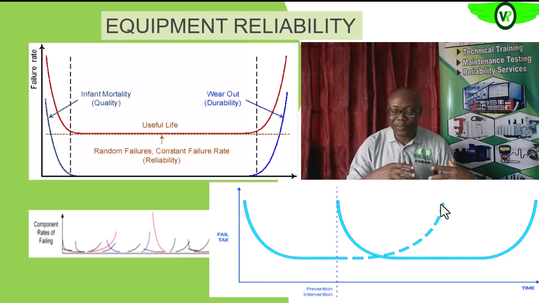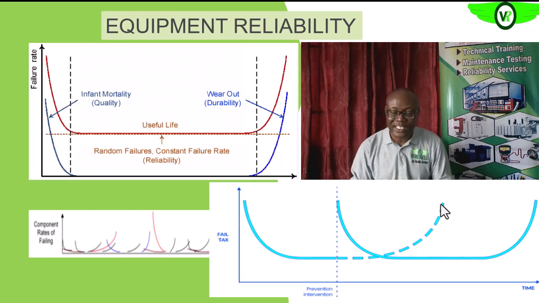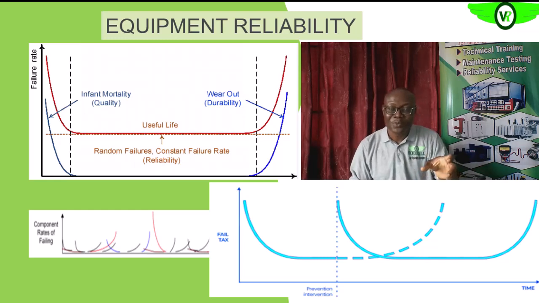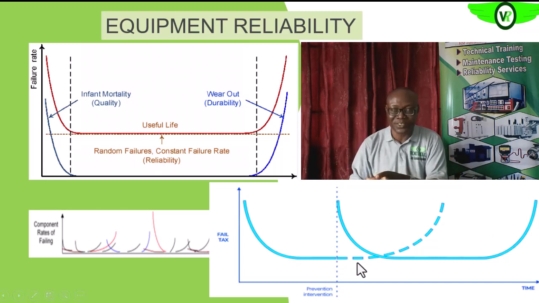so from the experiments that they've carried out and also feedbacks from users like us, they've come to realize that if you use this equipment for so much time, this component is bound to be tending towards the wear out period.